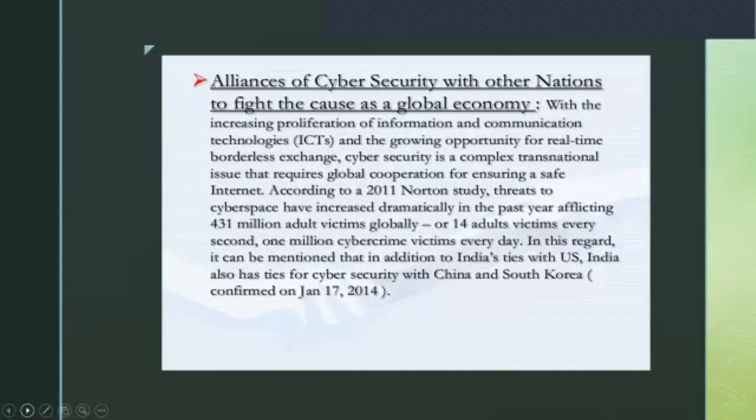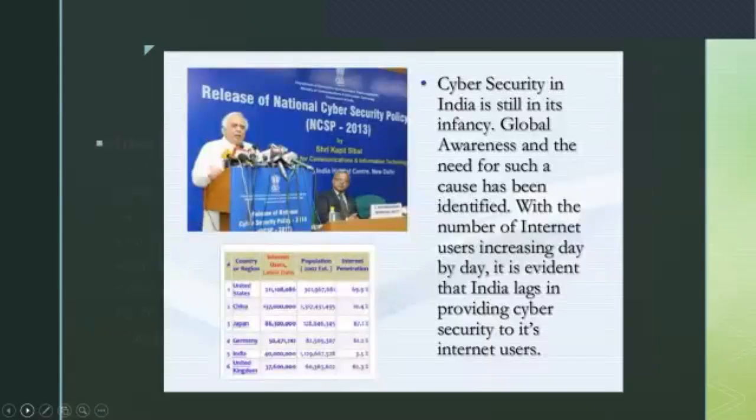With the increasing proliferation of information and communication technologies and the growing opportunity for real-time borderless exchange, cybersecurity is a complex transnational issue which needs huge concern and emphasis. These are some old facts and figures.